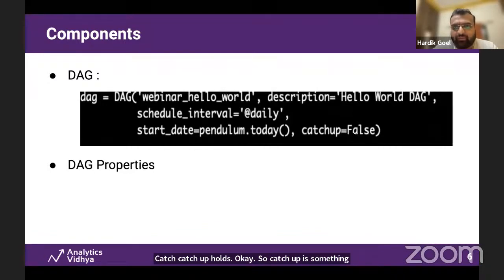So what is backfill? What is catch up? Let's take a moment to understand that. For example, you have a job which is running on a daily level, and now you want to run a job for a particular day which has elapsed 10 days ago, for example.